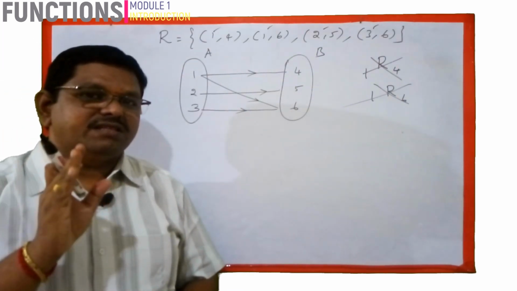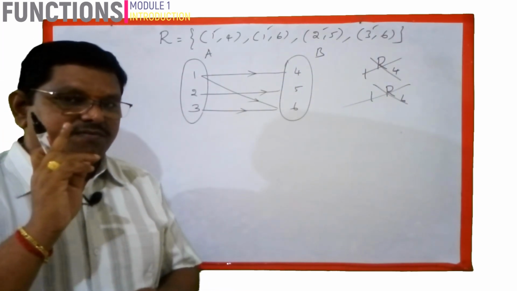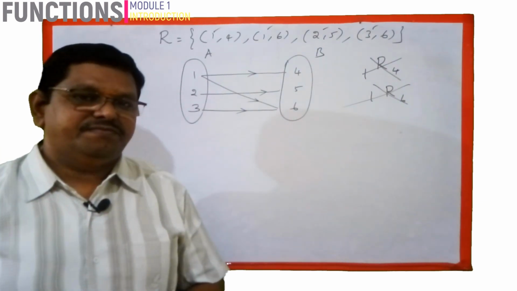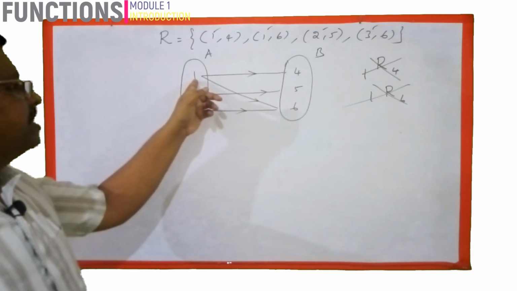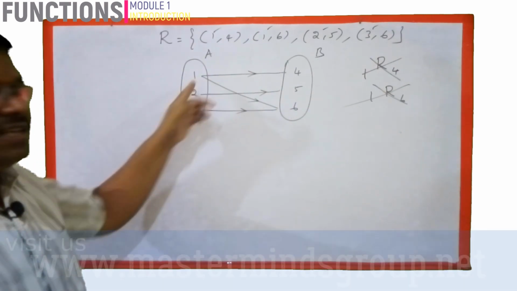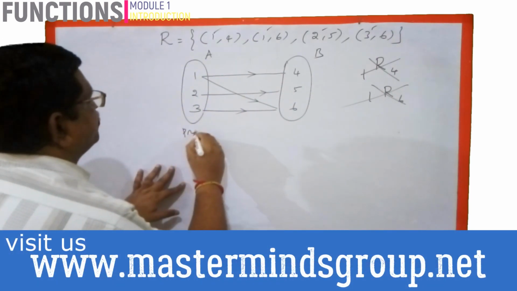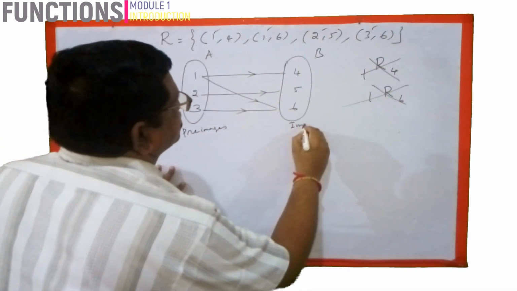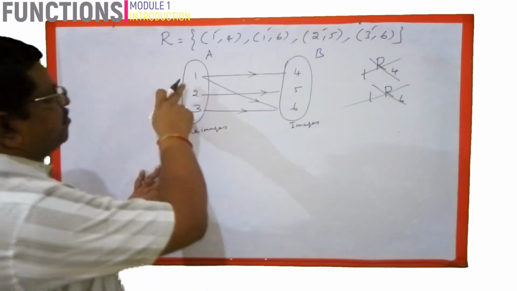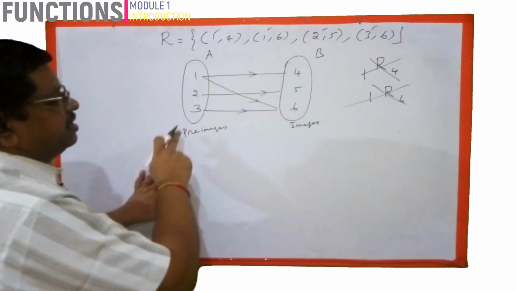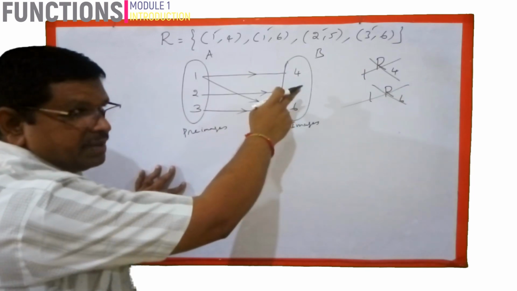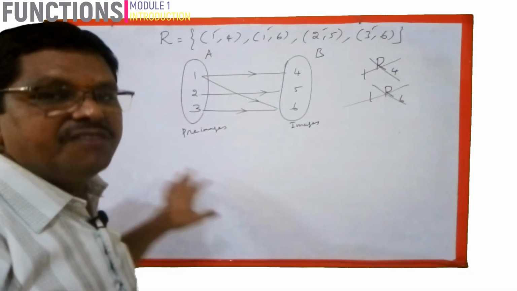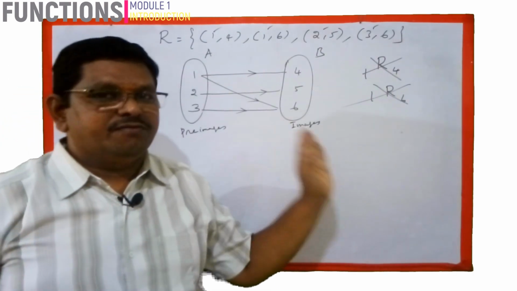In a function, every pre-image should have only 1 image. Every pre-image is taken in set A. All these elements are pre-images. Here we have images. Every pre-image should have only 1 image. If it has 2 or 3 or more images, we cannot call that relation a function.